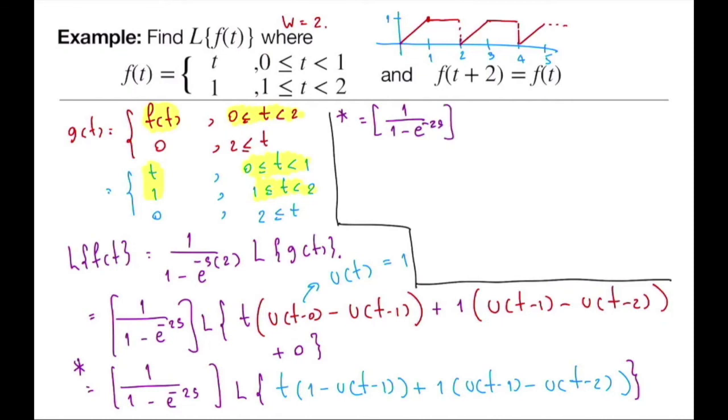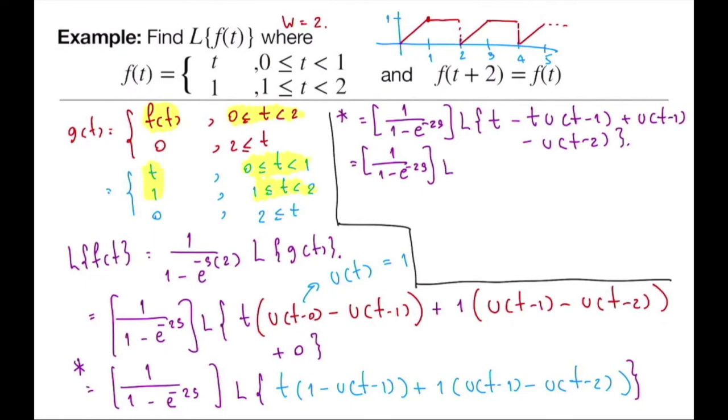Then you get the Laplace transform of t minus t u(t minus 1) plus u(t minus 1) minus u(t minus 2), and that is 1 over 1 minus e to the minus 2s times the Laplace transform of t.